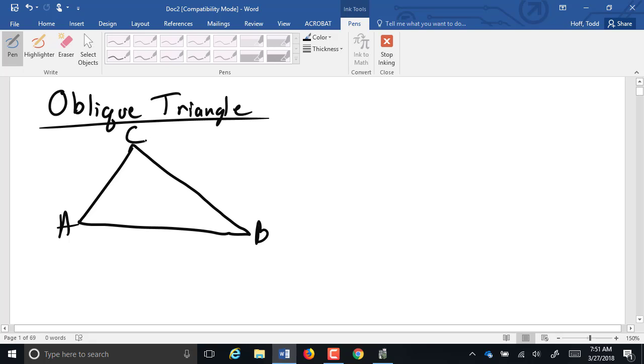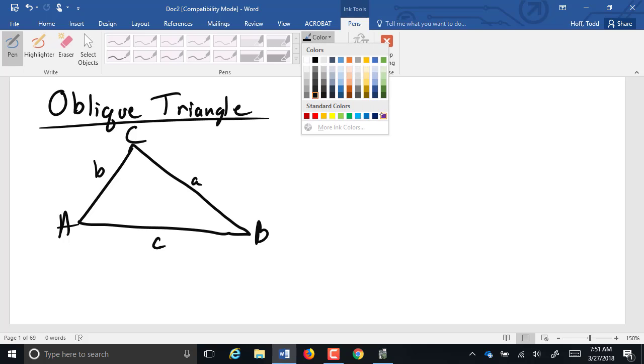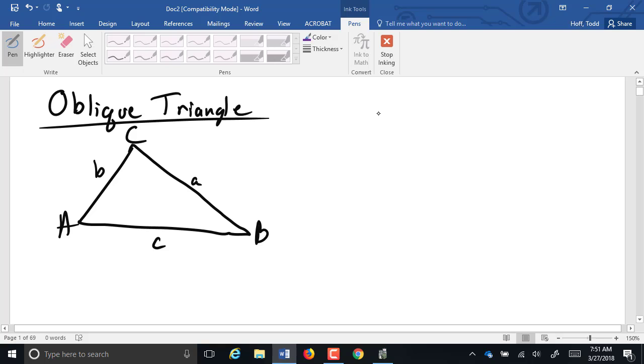As we've been doing, we've got angles labeled A, B, and C. And the sides: side A is across from angle A, side B is across from angle B, and side C is across from angle C. The sides are labeled by the angle that is across from them. Notice the angles are all capital letters, the sides are all small letters.